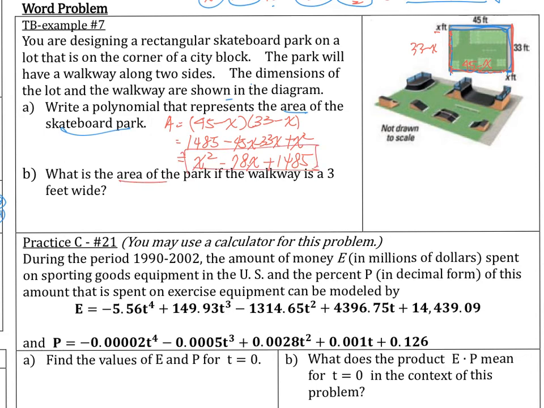And then what is the area of the park if the walkway is 3 feet wide? So we can take 3 and substitute in this for x. This would be 9 minus 234 plus 1485, and this will give you 1,260 square feet.